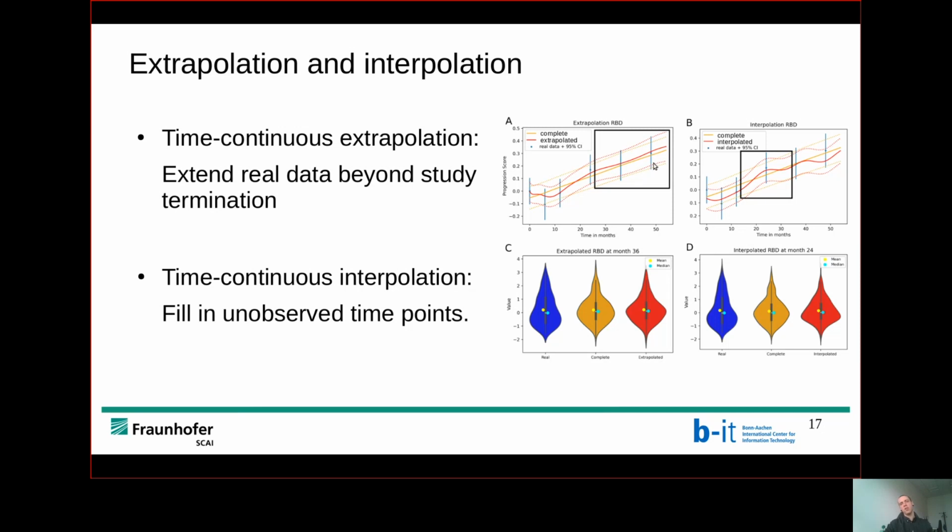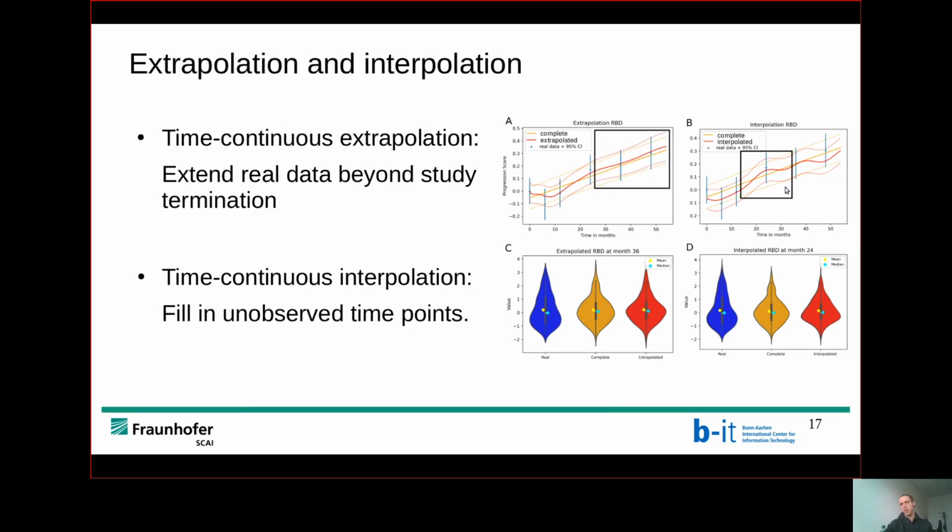And again, in the vast majority of the variables, we saw a really close fit, and in 88% of them, the 95% confidence intervals between the real data and the extrapolated data are overlapping. Also looking into the distributions of the extrapolated time points compared to the real time points, we can see, for example, that the mean and median are always really closely fit.